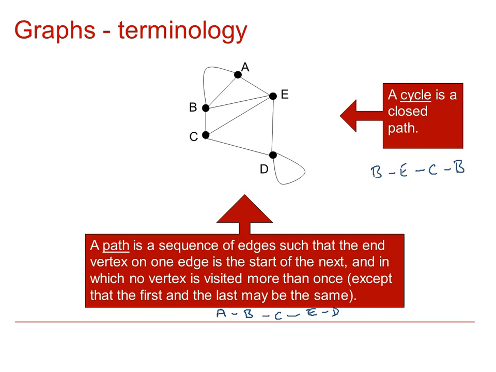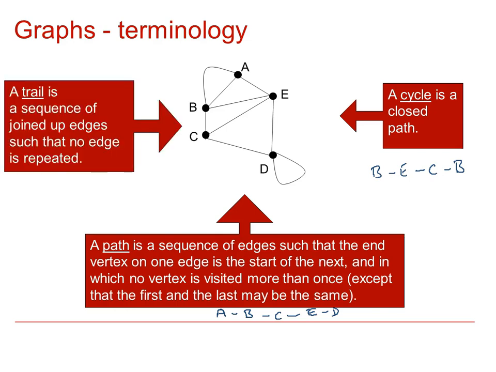And then one which again looks quite similar is the idea of a trail. But in a trail we have something where the edges are not repeated. We can go back to vertices, but we have no repeated edge.